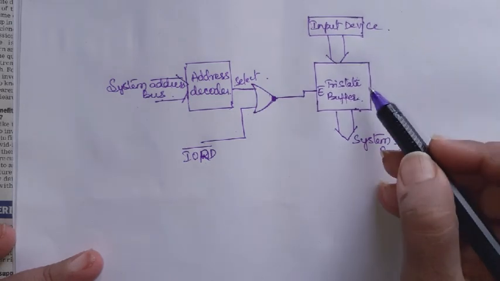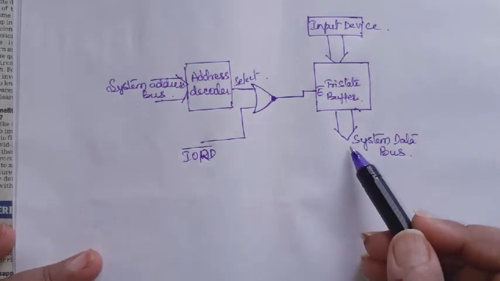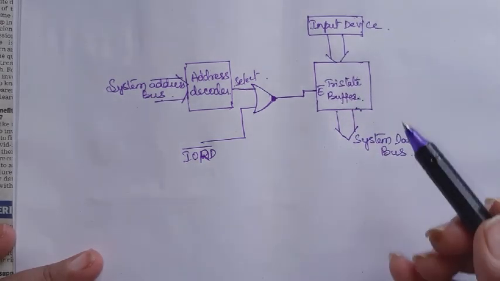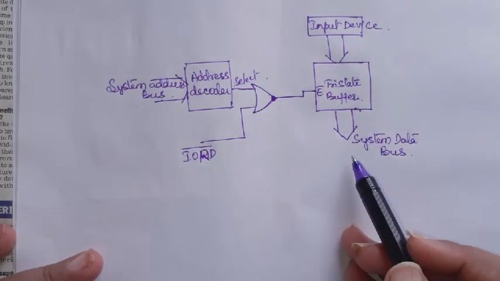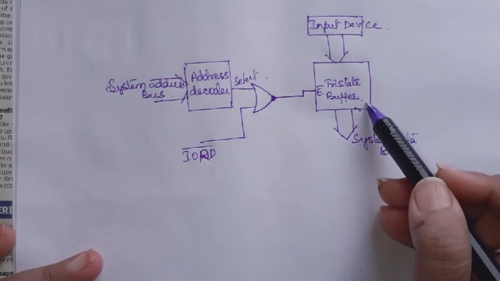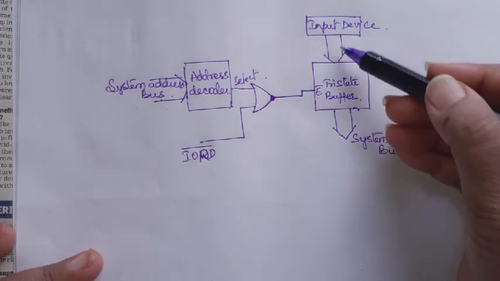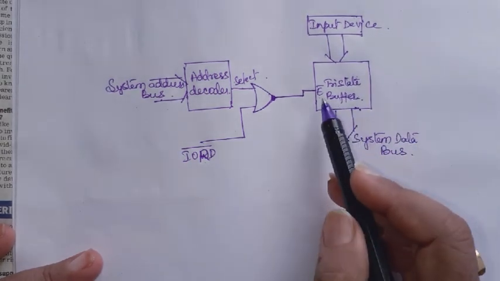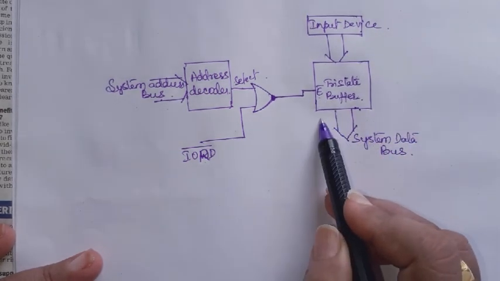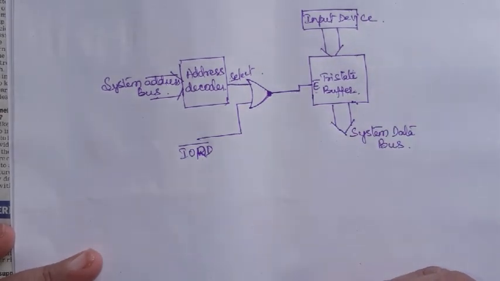Okay, so why tri-state buffers? Always input device, if you directly connect it to the system bus, whatever input is there here, that will be available on the data bus always. So that is not required. So these tri-state buffers, only when they are enabled, these two are connected. When this is disabled, it is like this whole thing is disconnected from the system.